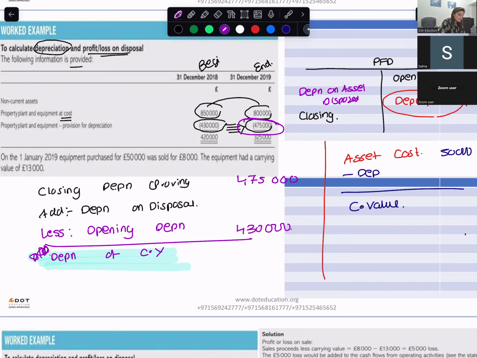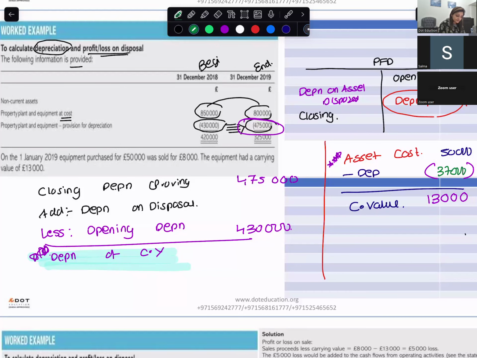Yes, 13,000. So can you give me the depreciation of the asset disposed? Cost minus depreciation gives me carrying value. 37. So the depreciation of the asset disposed is 37,000. I found it out by just subtracting.